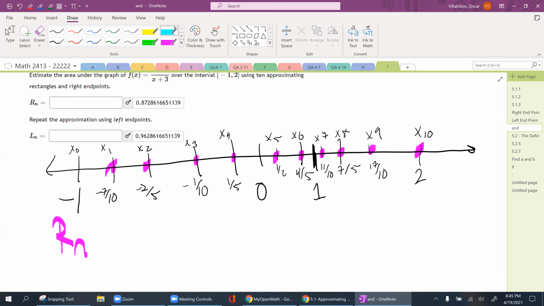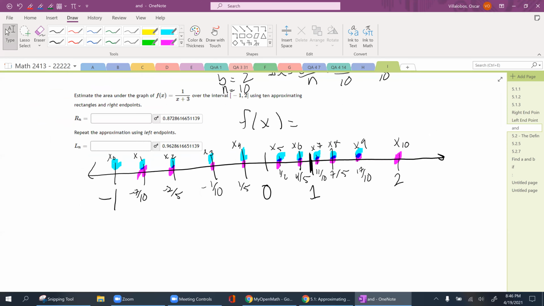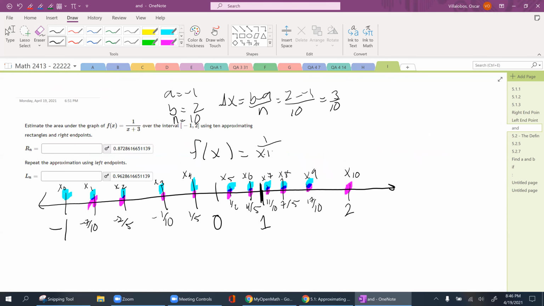If you were doing the left endpoint, you'd be using all the points to the left, with the exception of the last one, right? Where your function is 1 over x plus 3.